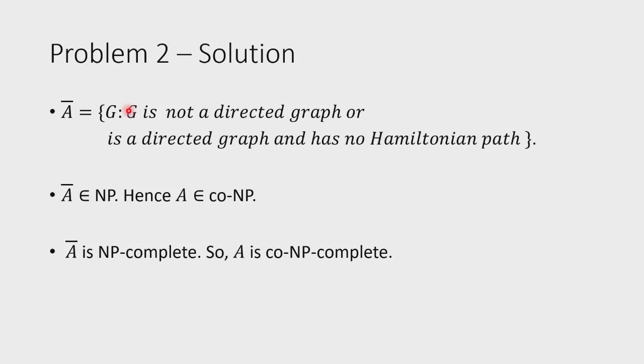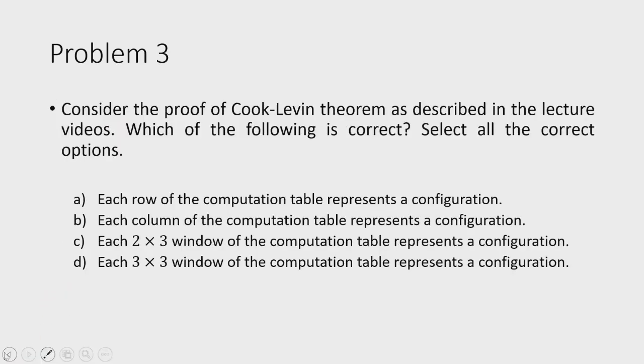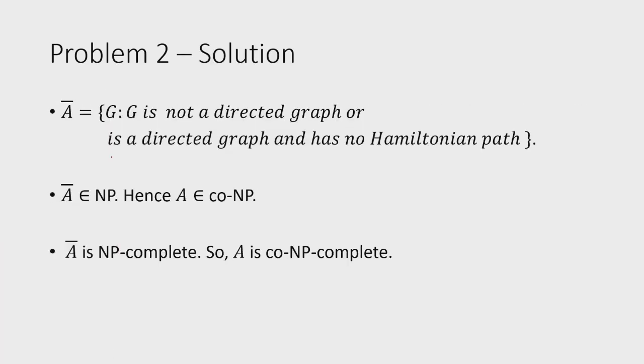Yes. Okay, now this looks very similar to the HamPath language. If this clause weren't there, then this is just the HamPath language, the Hamiltonian path language. But then what does it mean that G is not a directed graph? So how would you be given G?